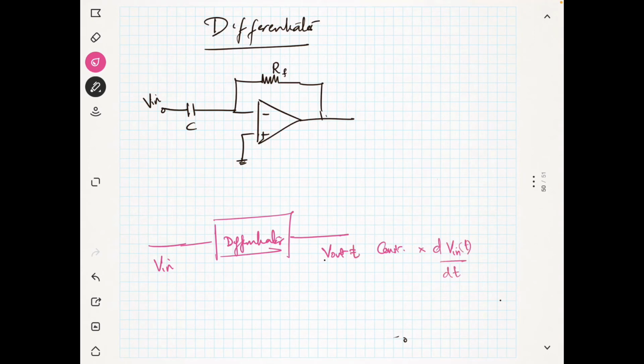So this is the output V out of t. That means some constant times the differential of the input, and this constant will depend on RF and C. So we will see how to analyze this circuit.